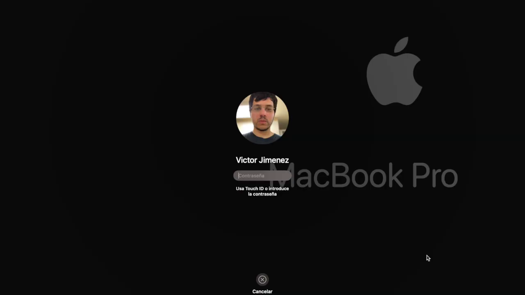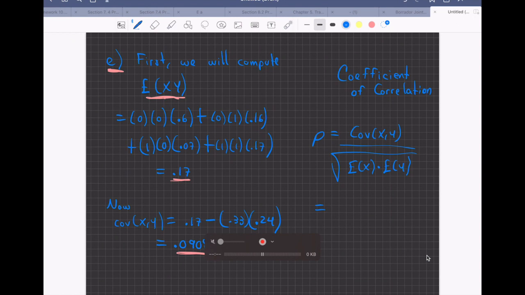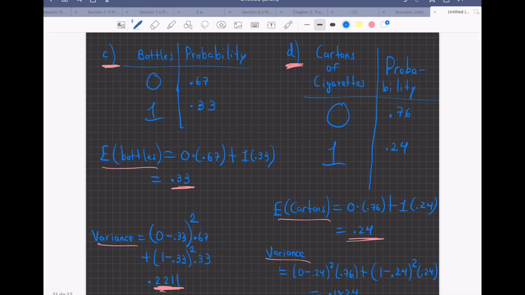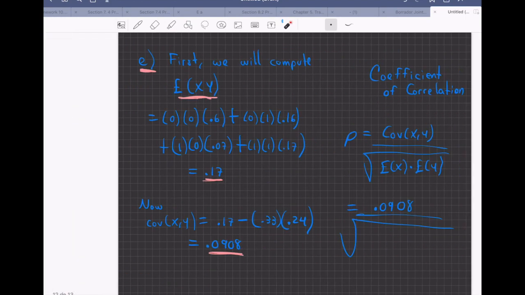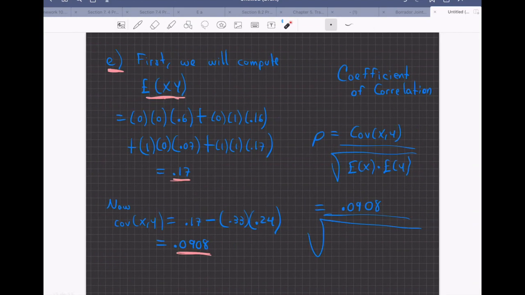So we need the covariance. The covariance is 0.0908 divided by the square root of the mean of x, bottles, 0.33, times the mean of y, cartons, 0.24.